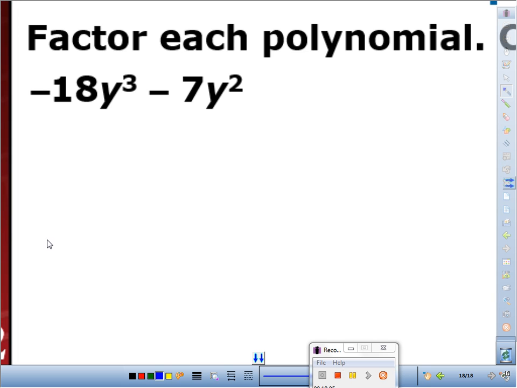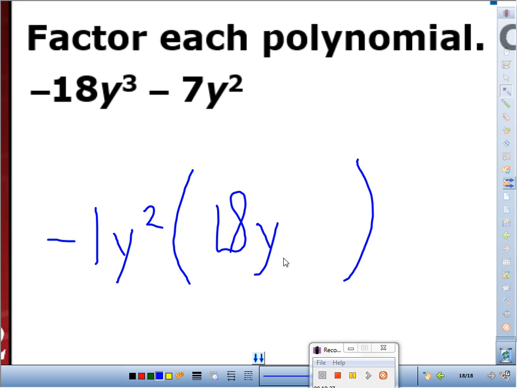Negative 1y squared. Hands if you got that as your GCF. Why negative? Because both of them are negative. That is correct. And we're left with 18y plus 7. Hands if you got that. Okay. Let's go to the next one.